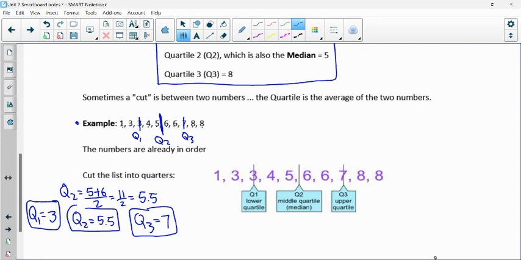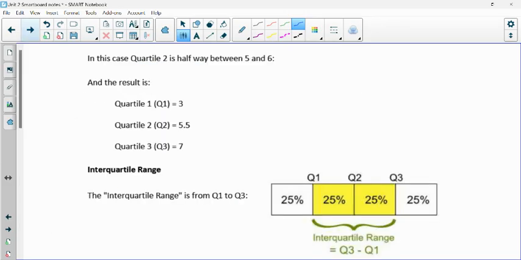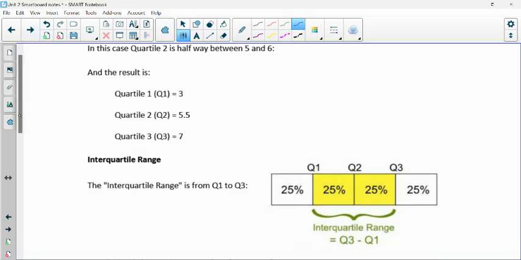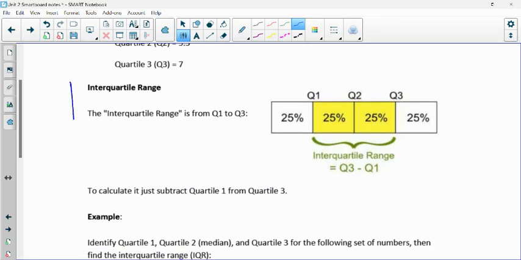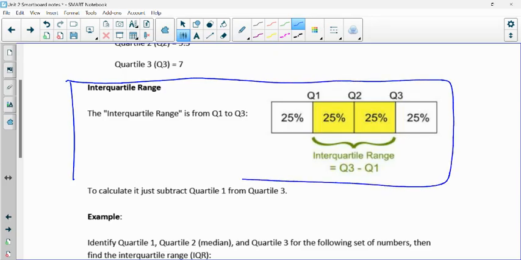Turn to page 10 once you have that. That top part just goes over what we just talked about. I want you to box this part right here that says interquartile range. So this is a vocab word.